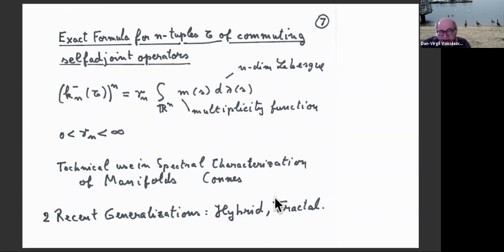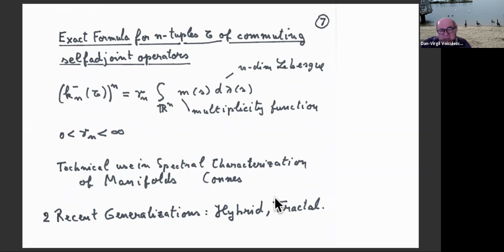So I have an n-tuple tau of commuting self-adjoint operators. They have a spectral measure. The spectral measure has a multiplicity function. And then the integral of the multiplicity function with respect to Lebesgue measure is proportional to K minus N of tau to the power N.